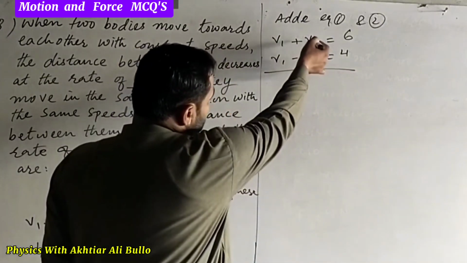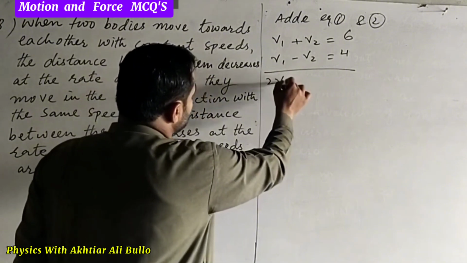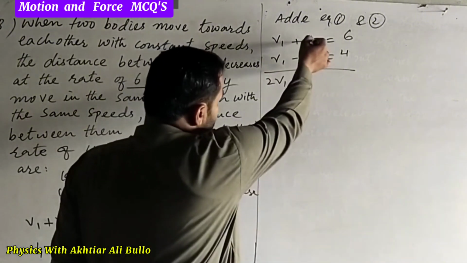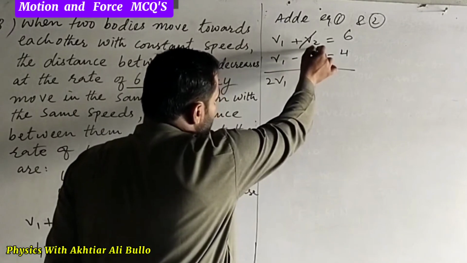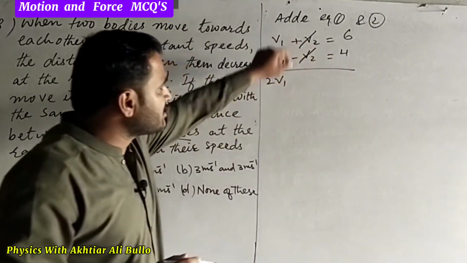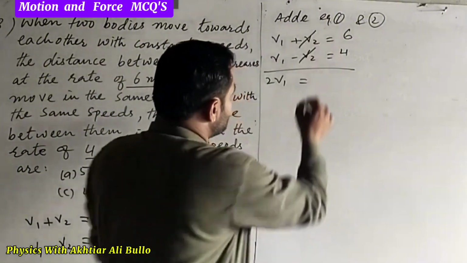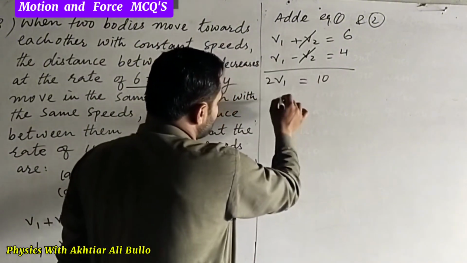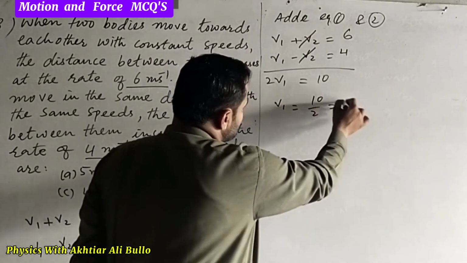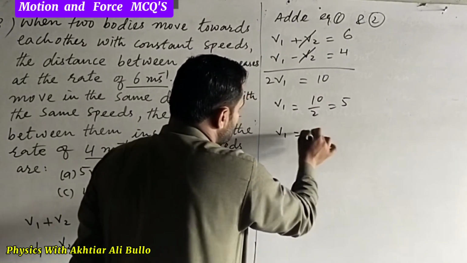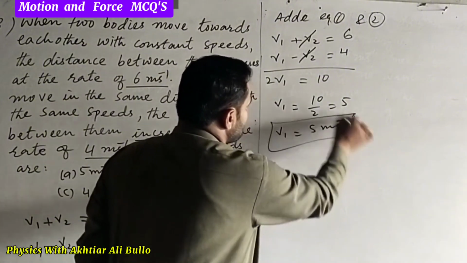So v1 plus v1 will be 2v1, and the v2 plus v2 with the minus sign will cancel each other, so it will be equal to 6 plus 4, 10. So v1 will be equal to 10 upon 2, which means 5. So v1 is obtained as 5 meter per second.